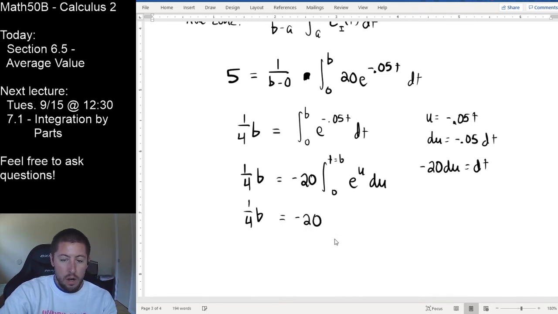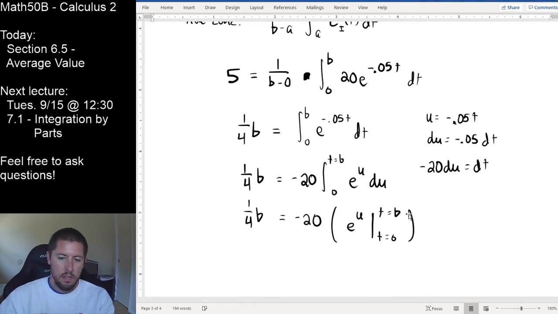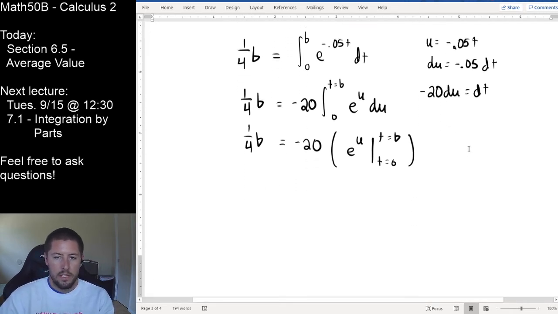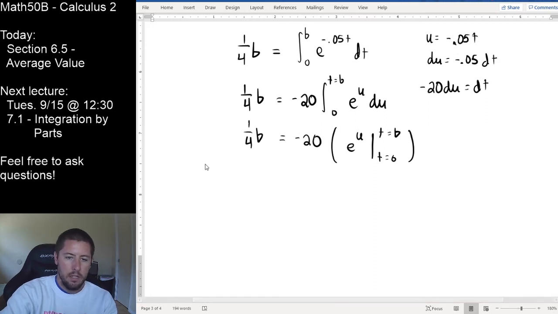Negative 20. Here, we're just going to get out the integral of e to the u is just e to the u. And we're going to evaluate this from t equals 0 to t equals B. So let's do two things here. One, let's convert back into t land. Two, let's divide by the negative 20. So I'm going to get a negative 1 over 80 B on this side.